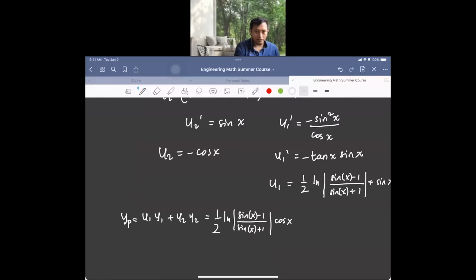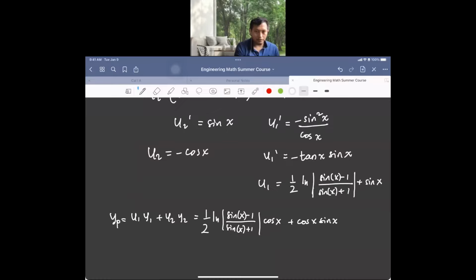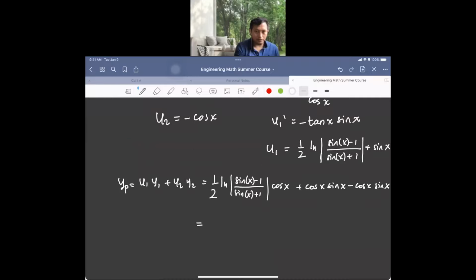And multiply with cosine x, plus cosine x sine x, minus cosine x sine x. We could write it's canceling. So it's half cosine x ln sine x minus 1.